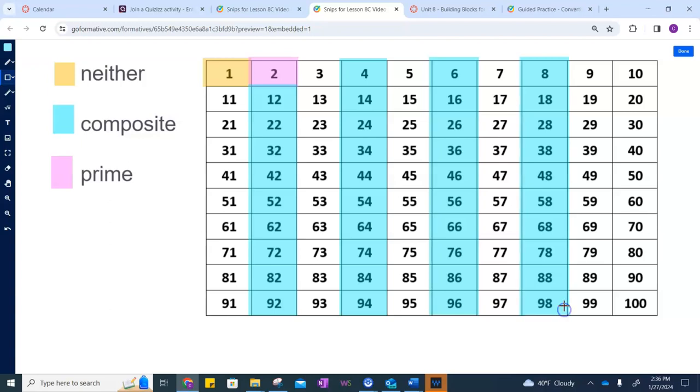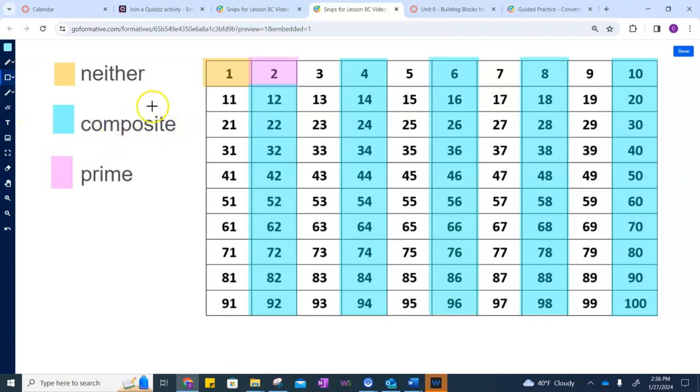All the numbers beneath it end in 8, so they are also divisible by 1, themselves, and the number 2, making them composite. And finally, any number ending in the digit 0 is also divisible by 2. So all the numbers in that column are even, and 2 will go into them, making that the third factor for it and making them composite.